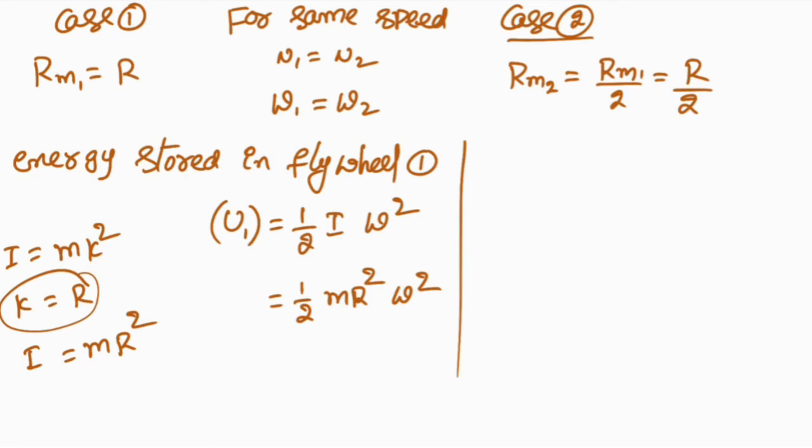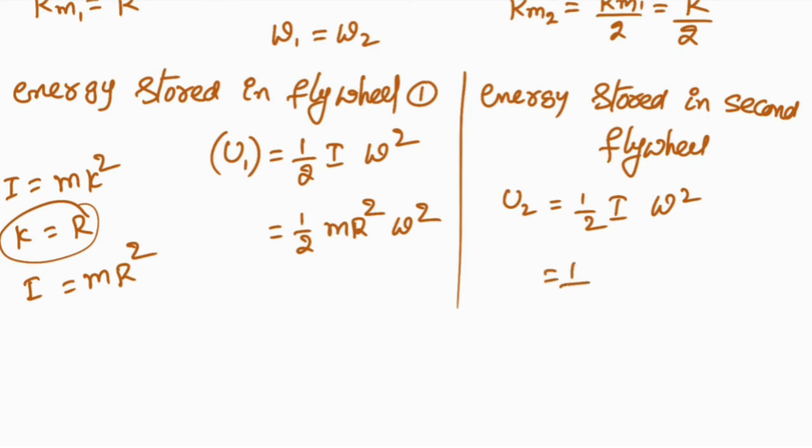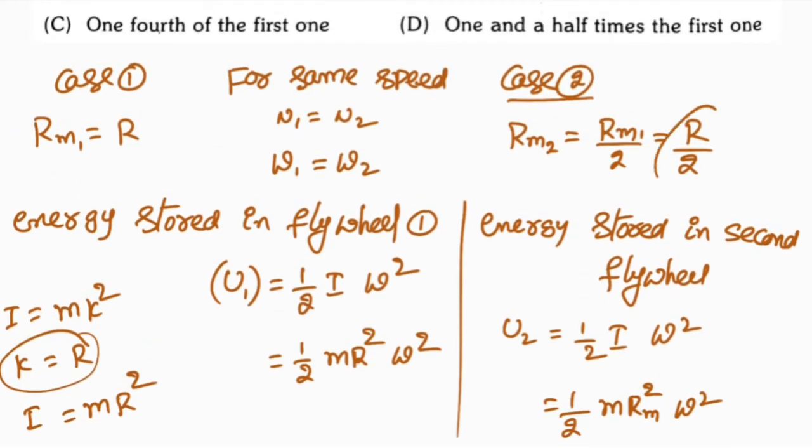Come to the second flywheel. Energy stored in second flywheel, u2 equal to half into I into omega square. Omega remains constant. Half into, here I equal to what? m r square, mean radius square into omega square. But for the second case, what is the mean radius? r by 2.